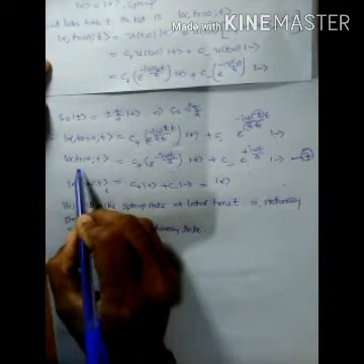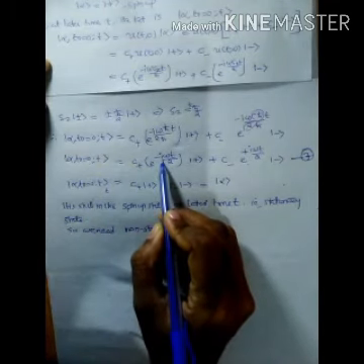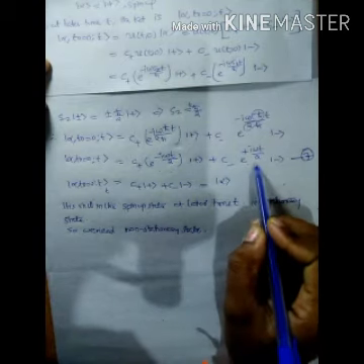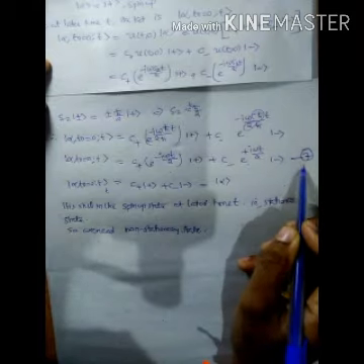And rearranging it, it becomes c plus e raised to minus i omega t by 2 times ket plus, plus c minus e raised to plus i omega t by 2 times ket minus. Call this equation number 7.